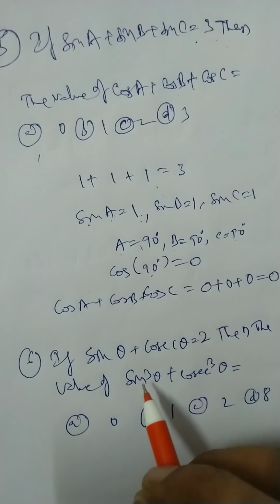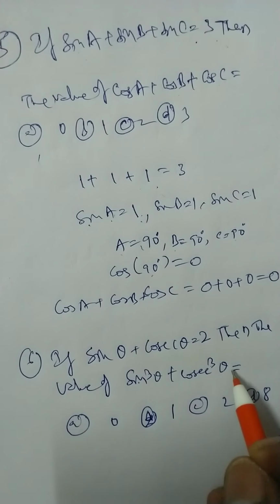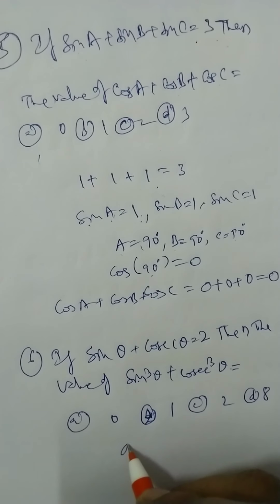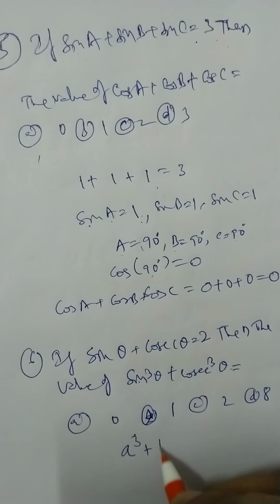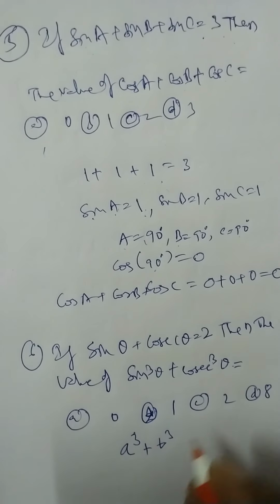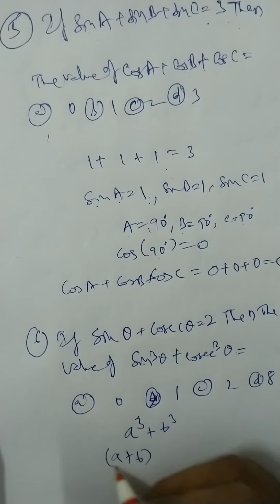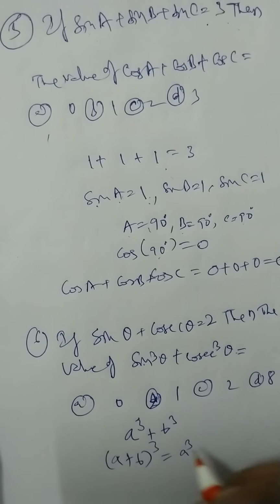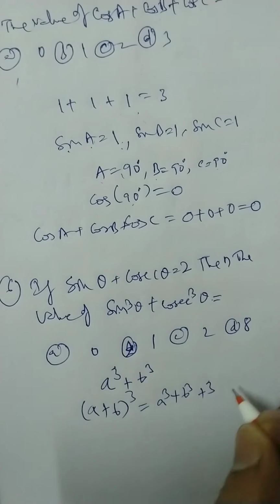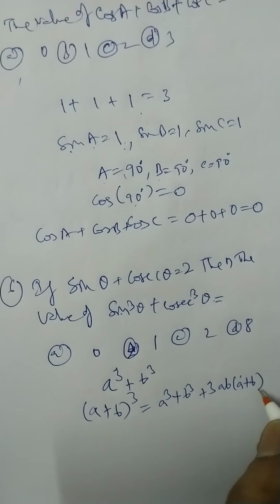Here you can see we require the value of sine cube theta plus cosecant cube theta. So this seems to be of the form a cube plus b cube. To obtain this, we have to employ a simple formula of algebra, that is (a plus b) whole cube equals a cube plus b cube plus 3ab into (a plus b).